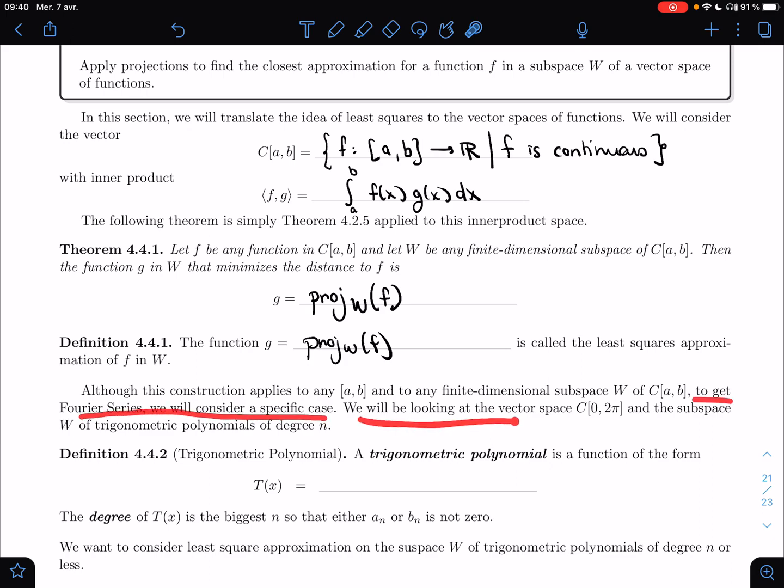We'll be looking at the vector space C[0,2π] and the subspace W of trigonometric polynomials of degree n. A trigonometric polynomial is a function of the form t(x), a sum of cosines and sines.